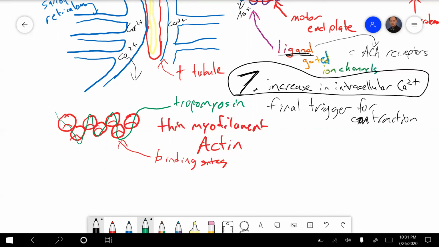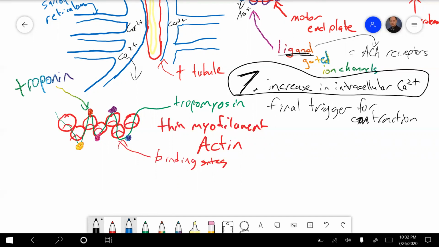And then studded along that tropomyosin are these little beads of something called troponin. And that's our thin filament.